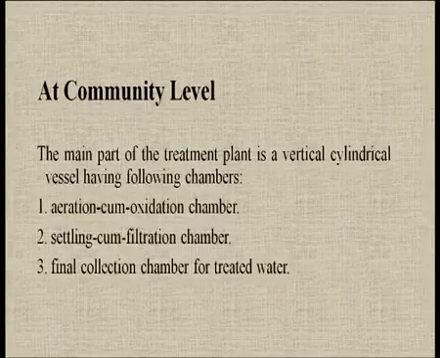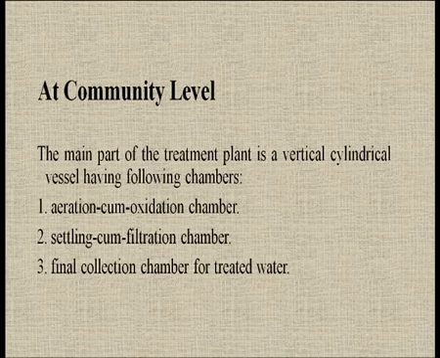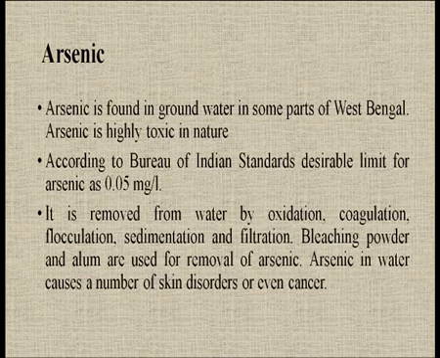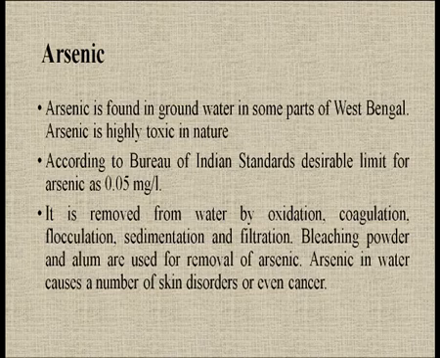At community level, the main part of the treatment plant is a vertical cylindrical vessel having the following chambers: aeration cum oxidation chamber, settling cum filtration chamber, and final collection chamber for treated water. Arsenic is found in groundwater in some parts of West Bengal, and is highly toxic in nature.